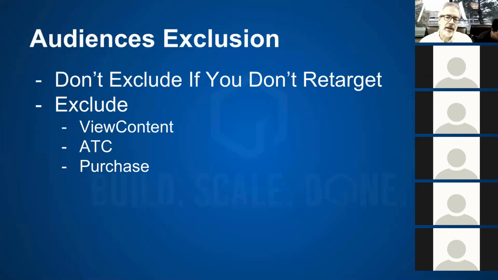Exactly. But so for that to really work out well, we go back to don't exclude if you don't retarget. You want to have ads going to those people particularly, right, because these are your warm audiences. You don't want to just block them off and never get in touch with them, but you want to make sure that they can be reached by the ads that are specific to them, which are the retargeting ads.